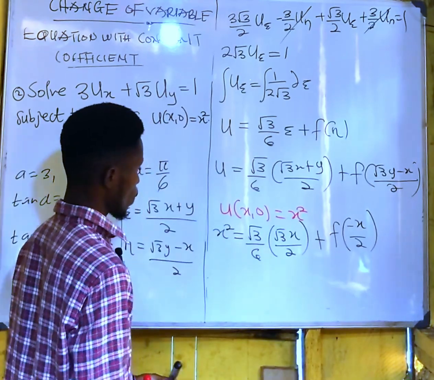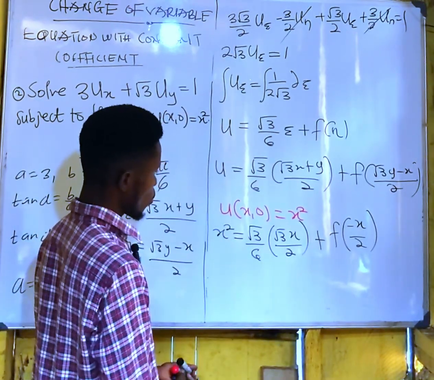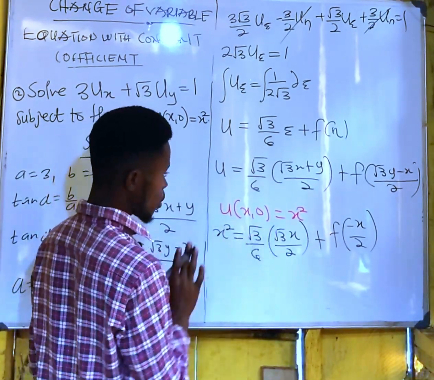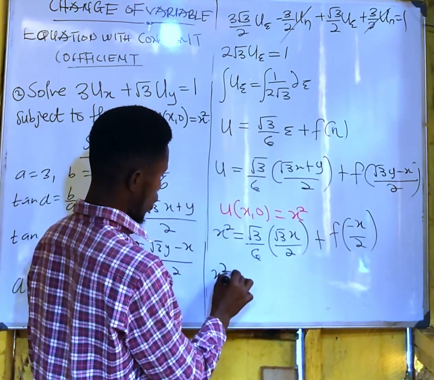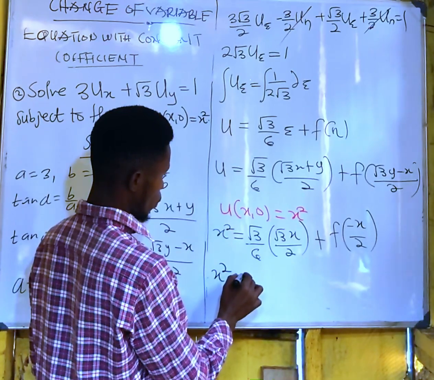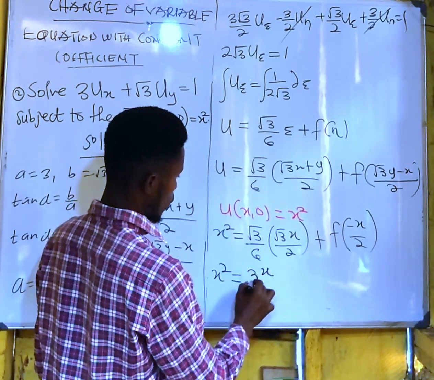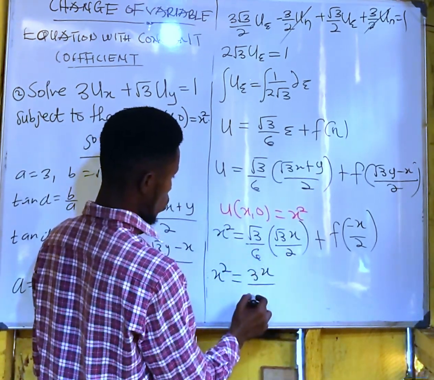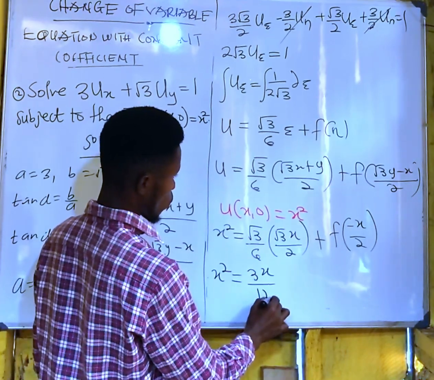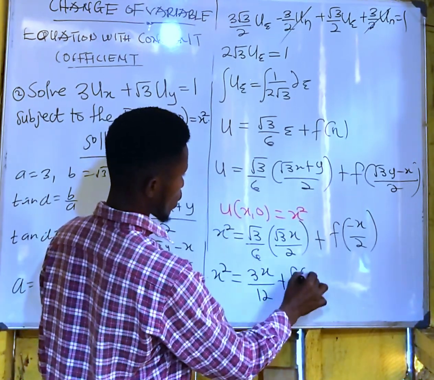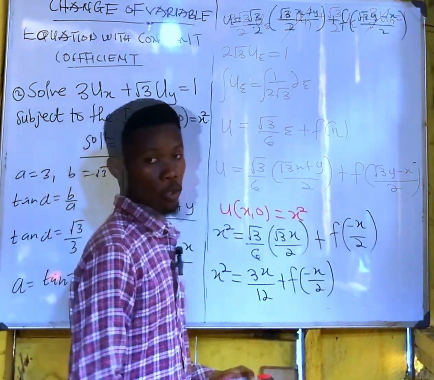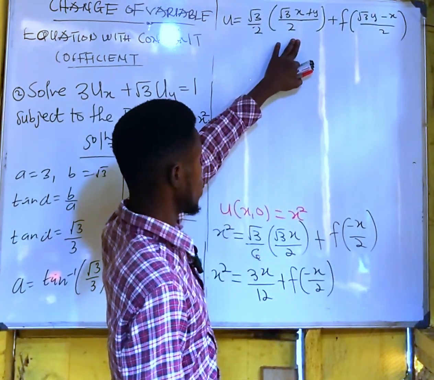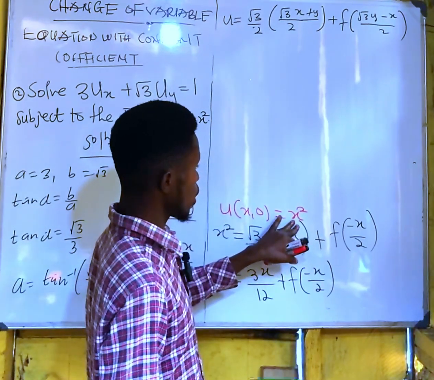So here, if I do the multiplication, root 3 times root 3 will be 3. Okay, so that I have my x squared equals 3x over 6 times 2, which is 12, plus f at negative x over 2. Is that okay? Okay, so this was our general solution, and this is the one where I have substituted the initial condition.